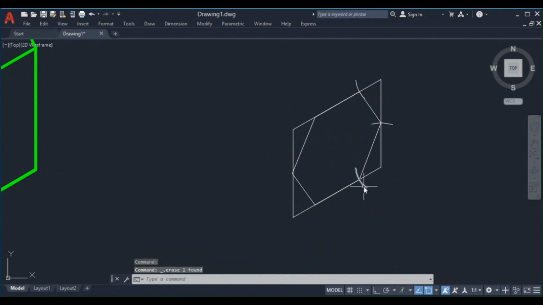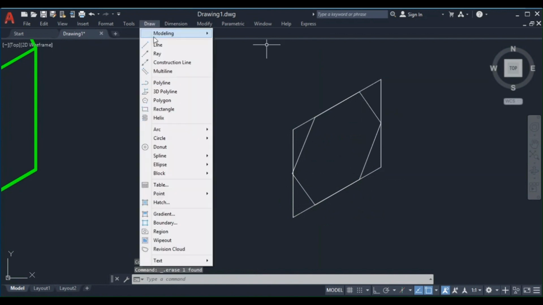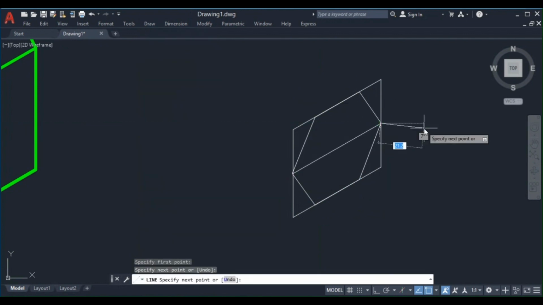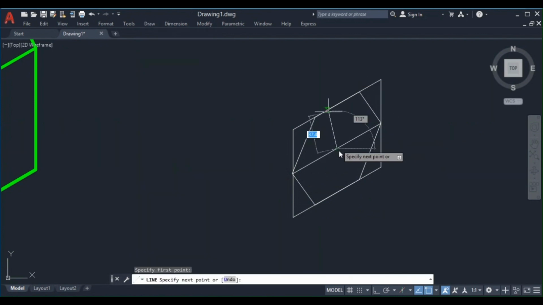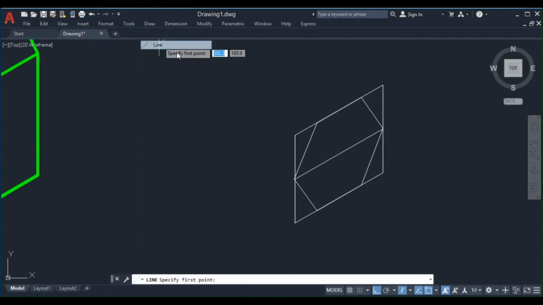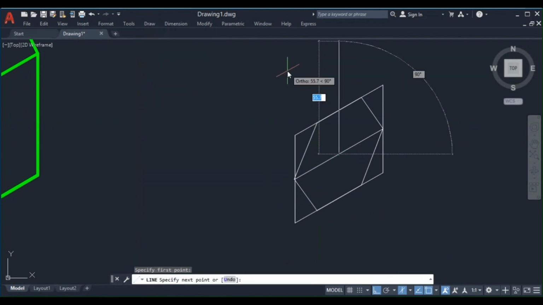Meanwhile, do the lettering. For time being, I'm not going to do. Now, first of all, join this diagonal, and axis also should be kept in iso angle. Don't forget, if you don't keep axis in iso angle, also it becomes wrong. It won't become isometric view. On the ortho, plus Fi.